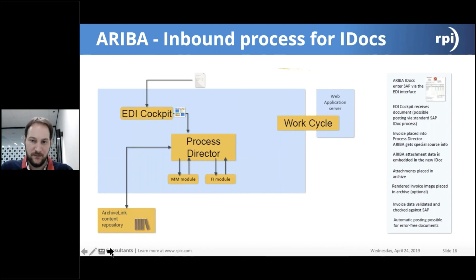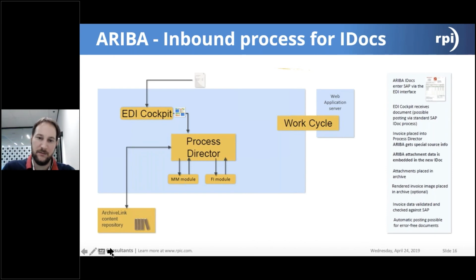So the most important point to say here is that we now have specific profiles out of the box for Ariba. Making PDP work with Ariba via the EDI interface or with IDocs is out of the box functionality that makes it very easy to integrate Ariba with our PDAP.